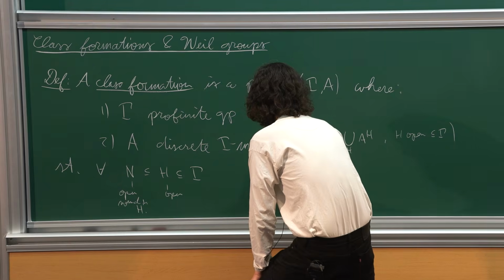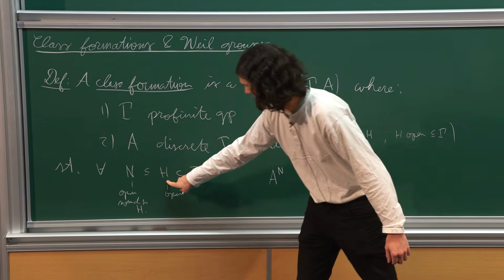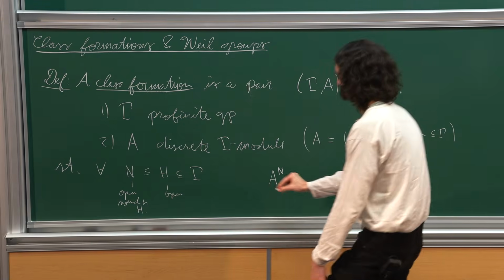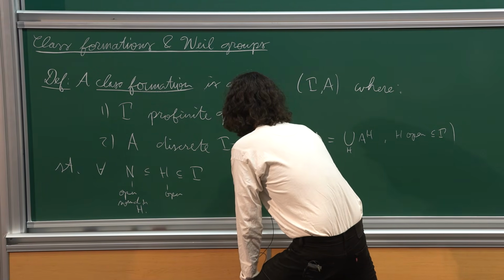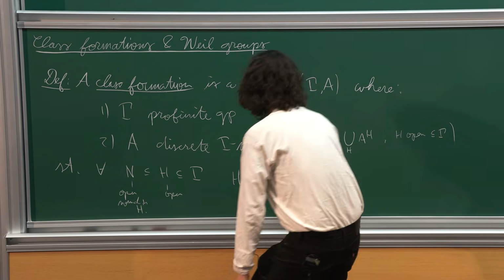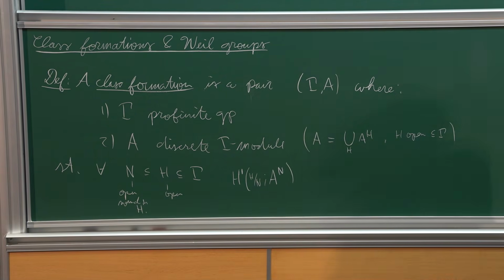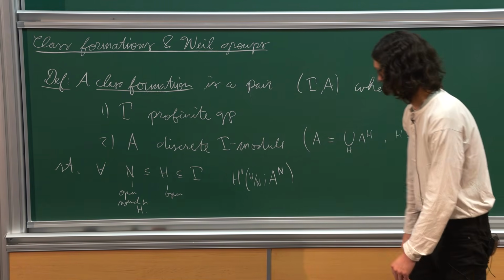Okay. So then, in this situation, something happens in group cohomology. We take the N-fixed points, which has an action then of the group H mod N, and we ask something for the H^1. I'm going to use the standard notation for it. So this is group cohomology. Yesterday I was putting a B in front to indicate that it's group cohomology, but today we're being classical and I won't do that. So this is group cohomology of this group acting on this abelian group here.